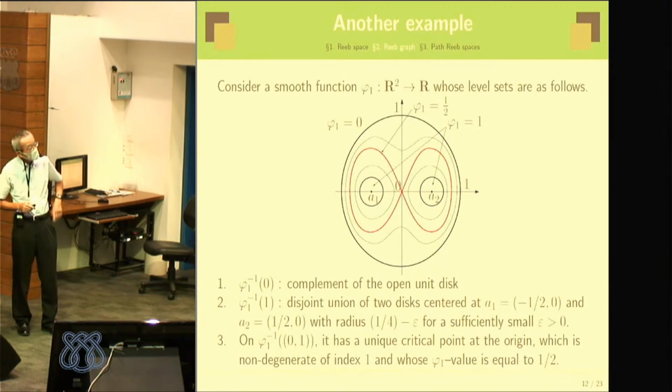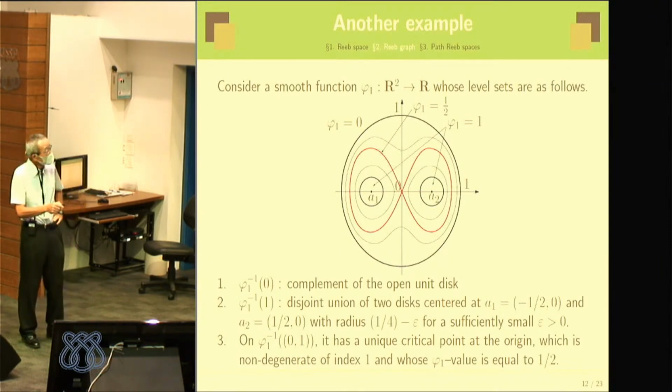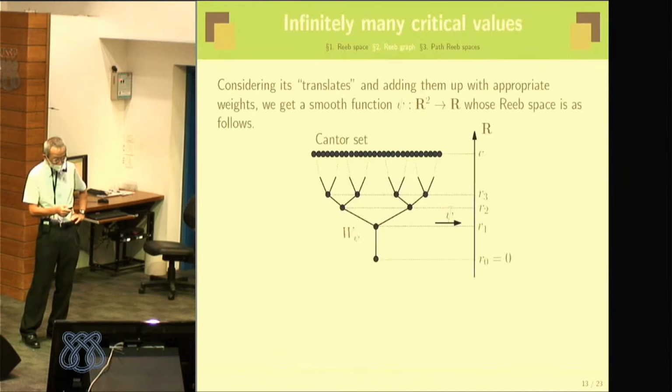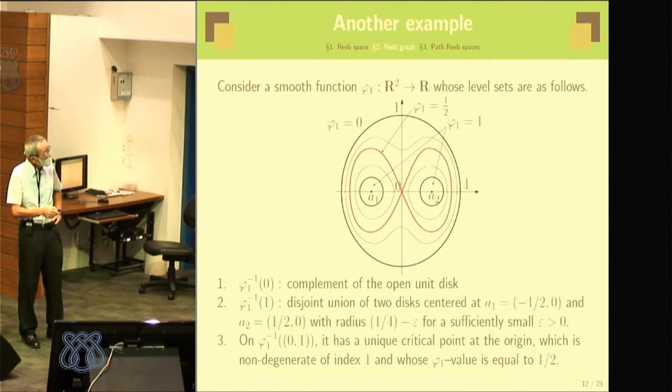With the help of this smooth function, you sum up the translates of it. Translates means that here you have a disk, and on top of this small disk, you put this one again.